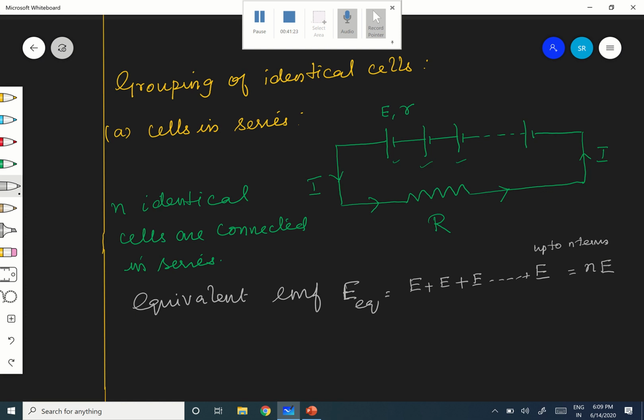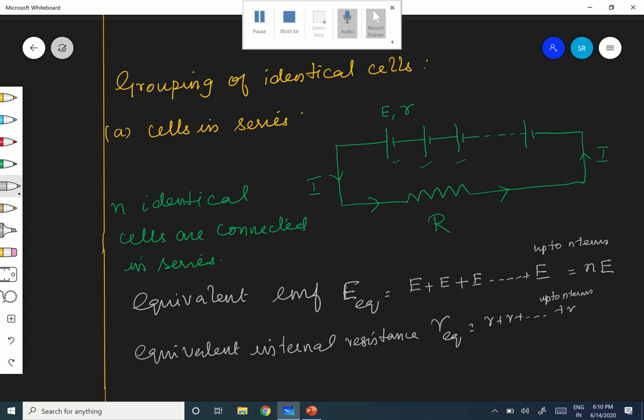Like that, what is the equivalent internal resistance of all the cells put together in series? r equivalent is equal to r plus r, and so on, up to n terms.